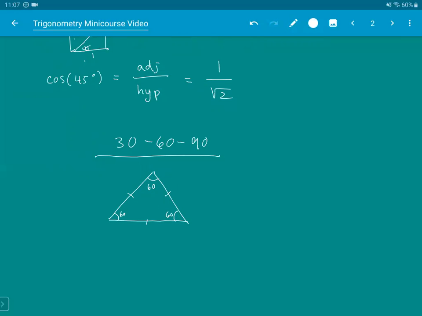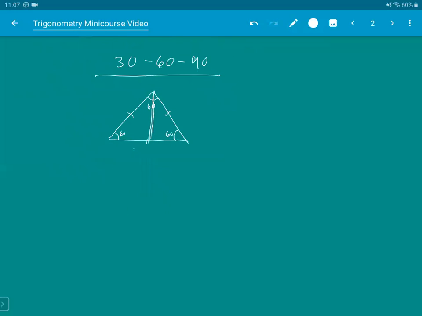Now what I'm going to do is I'm going to cut this triangle in half. And say it had side length 1 originally. Well, because I cut it in half, now it's 1/2 and 1. So what I'm left with is a right triangle with side length 1/2 and 1.